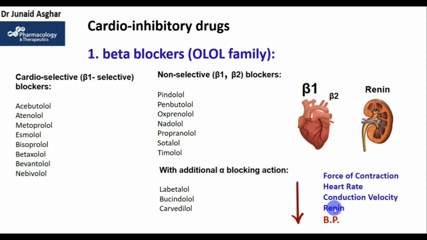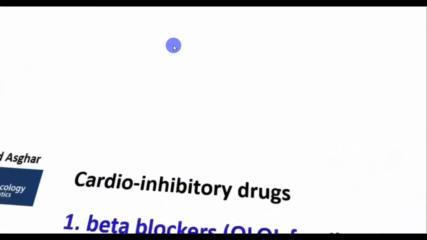They additionally inhibit the renin secretion in the kidney, or in other words, they inhibit the renin-angiotensin aldosterone system and thus reduce the blood pressure by an additional pharmacological action.